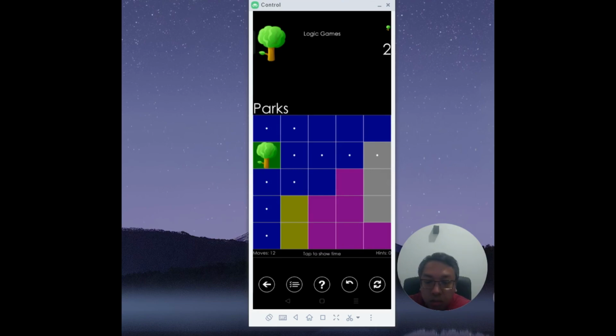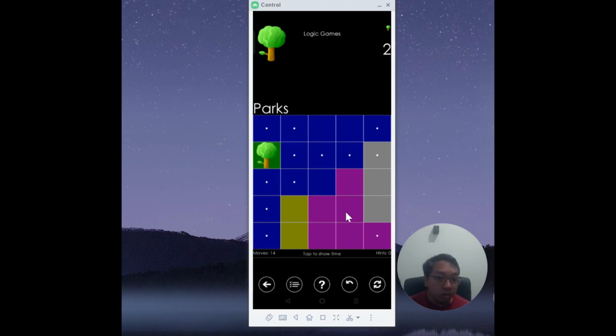How do we reduce the possibilities? I know one. The tree on the gray part must be on the fifth column, it's a must. So there is no tree on the top blue, and also on the bottom right magenta. Now, what's next?